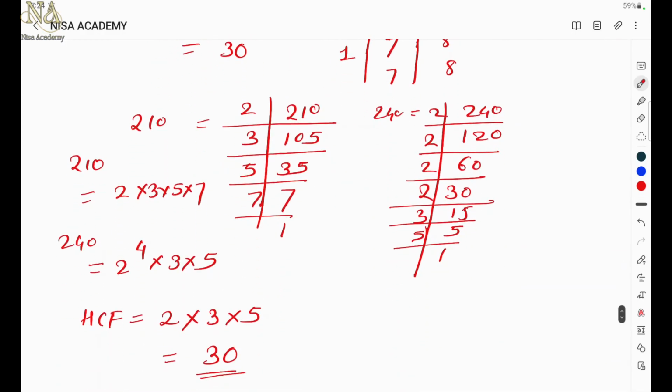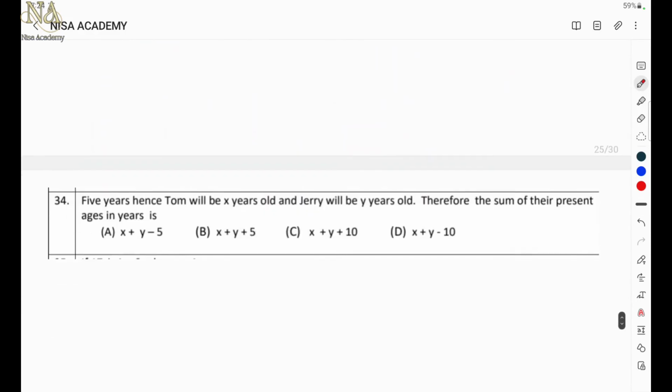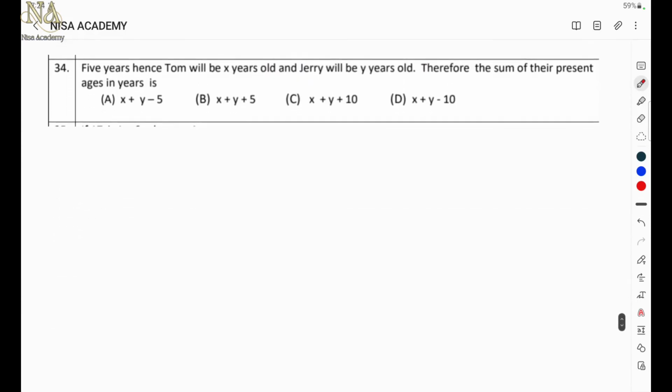Next problem. Question number 34. 5 years hence, hence means after 5 years, okay. So 5 years hence, Tom will be X years old and Jerry will be Y years old. Therefore, the sum of their present ages in years is. So now see, suppose I say after 5 years my age is 25.